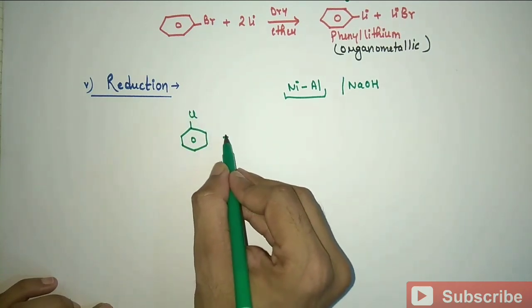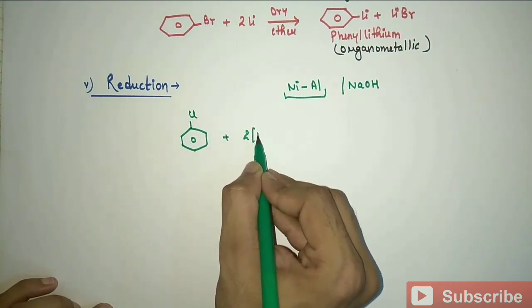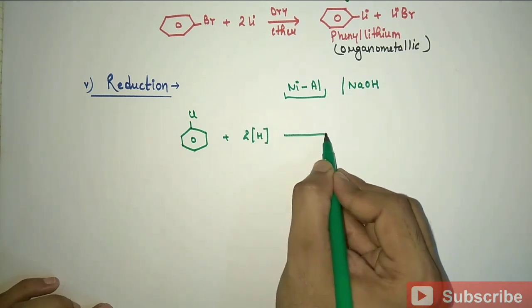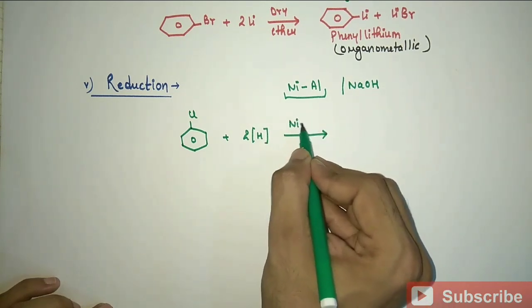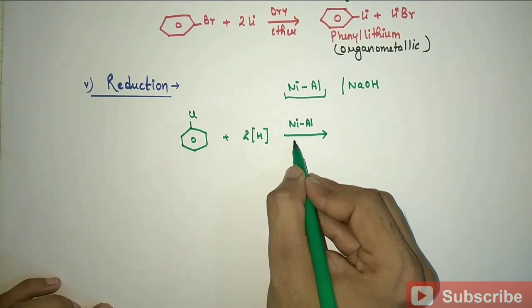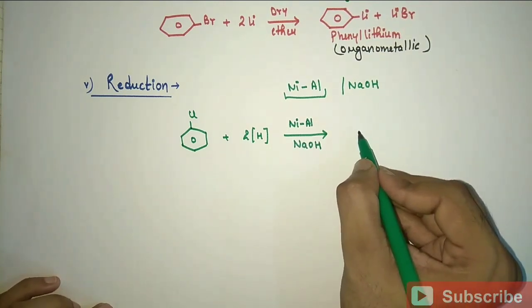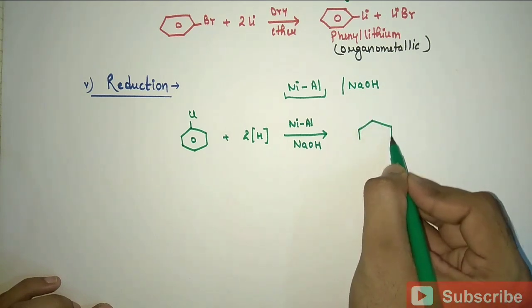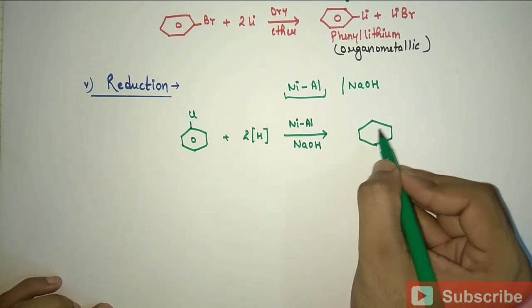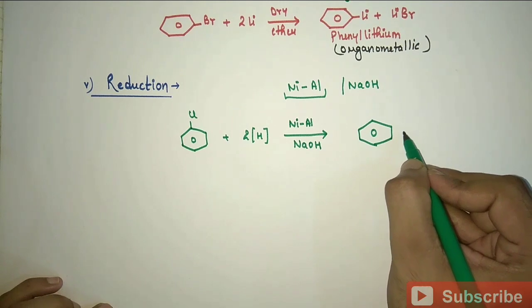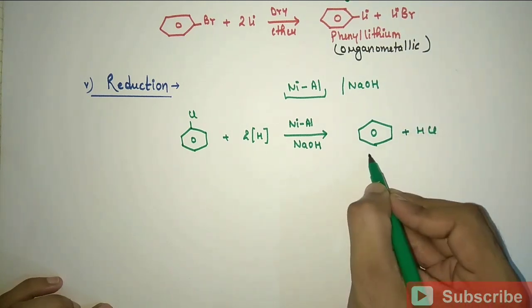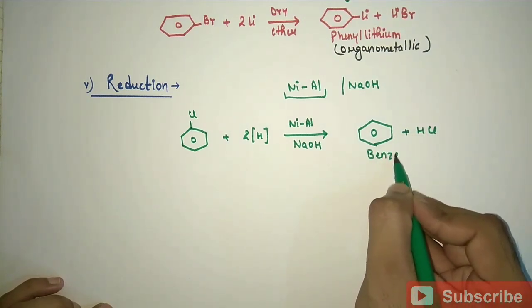So we do reduction of this chlorobenzene in the presence of nickel aluminum alloy and alkali, just like NaOH. So it will reduce to the corresponding arene. This is benzene.